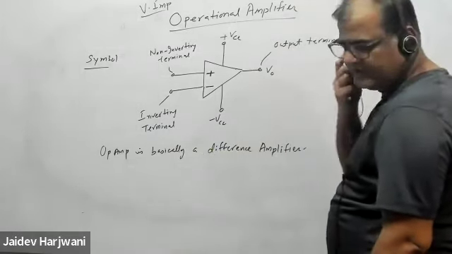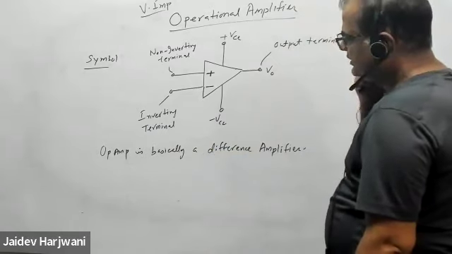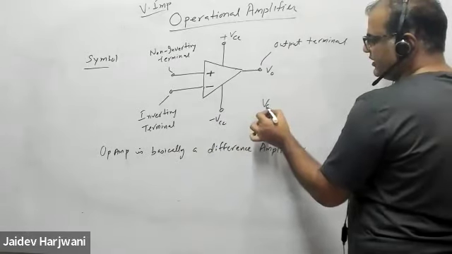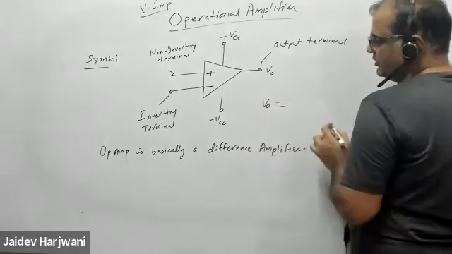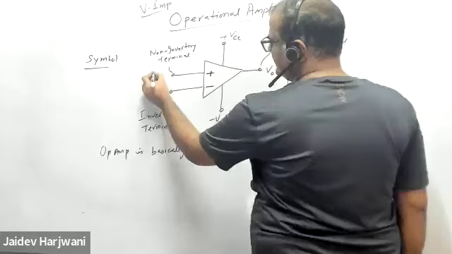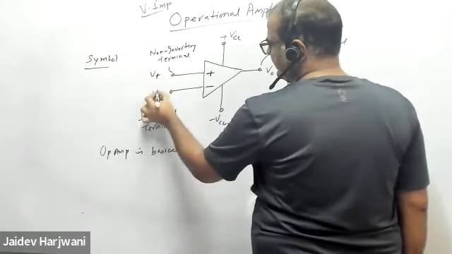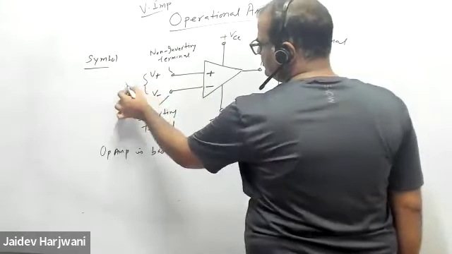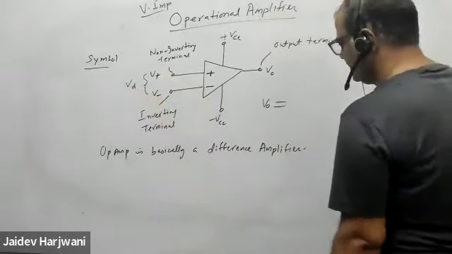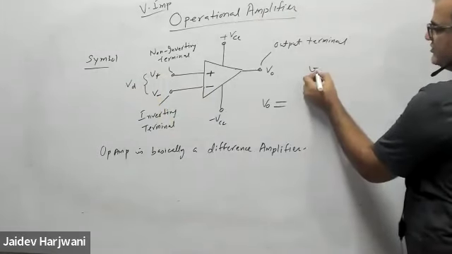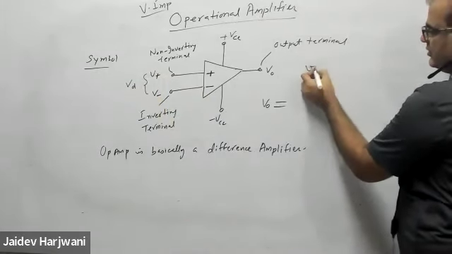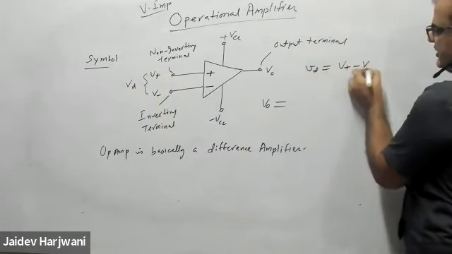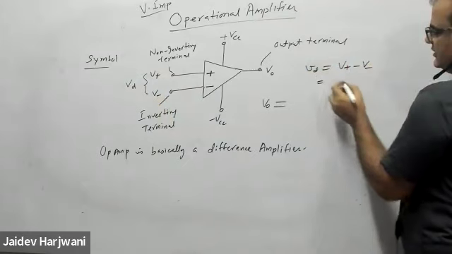Now, what do you mean by it is a difference amplifier? Difference amplifier means if you apply some voltage here, V plus, and here apply V minus, output V naught, the difference of these two is VD. So VD is V plus minus V minus.